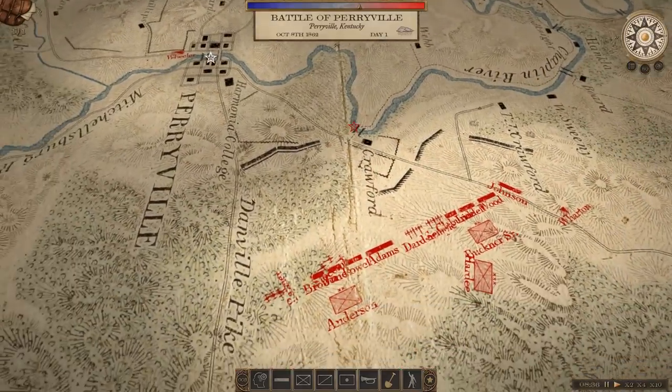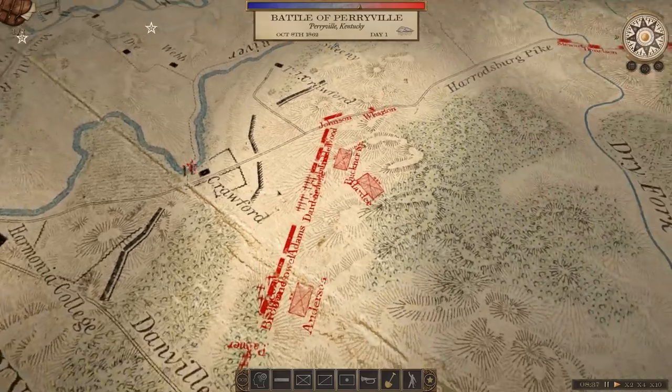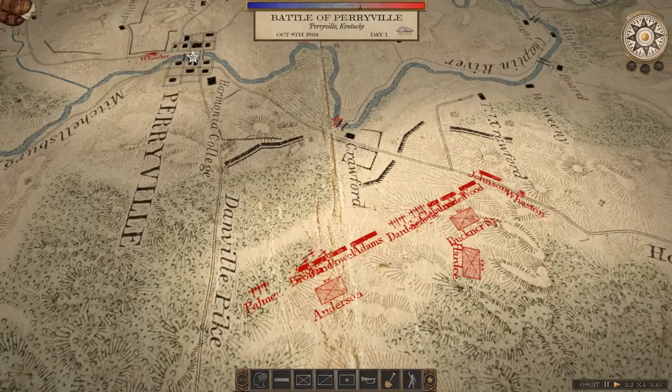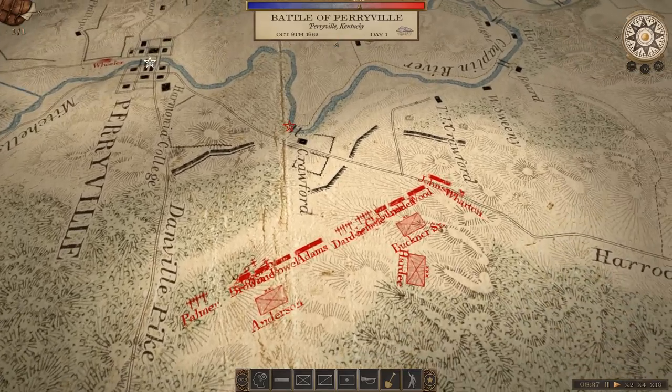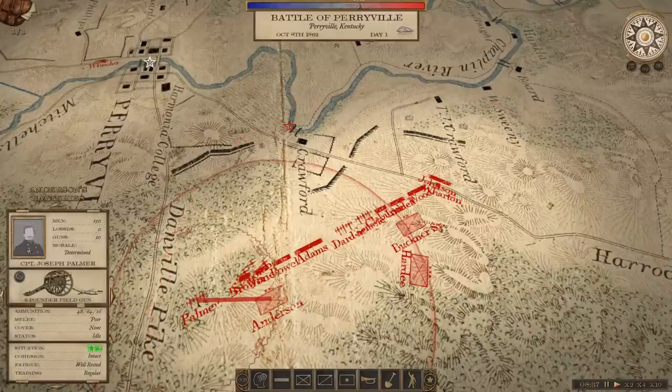And before we start giving orders to both of the wings, as we have only 3 divisions, it's a good idea to assemble some sort of general reserve, and in this case I will take it from the left wing. So let's detach Palmer's artillery.